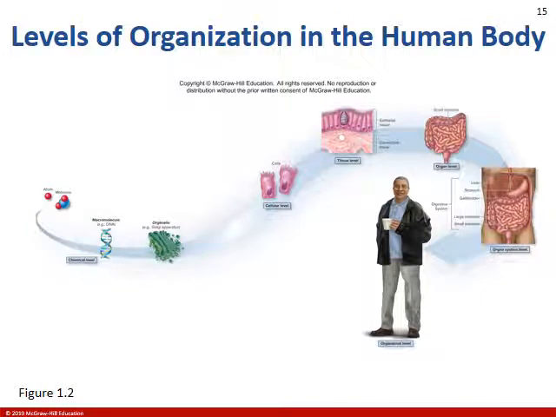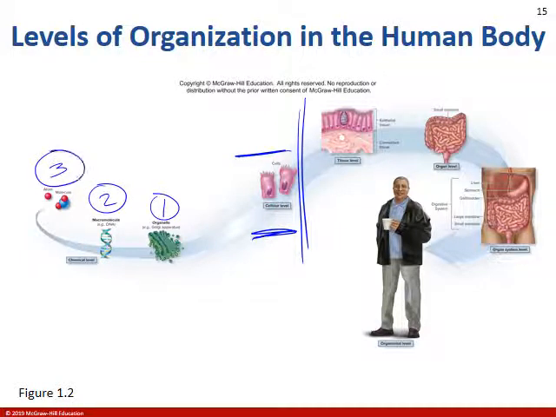What you should understand is that every lower level, so simpler, builds. So if I'm at the cellular level, a cell is composed of organelles and macromolecules and atoms. So everything below makes up or incorporates the thing above.